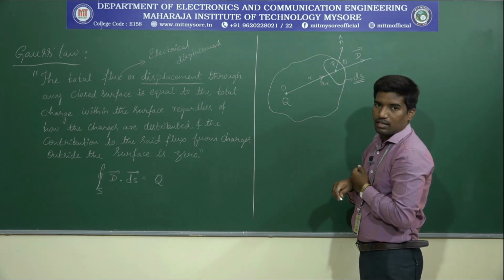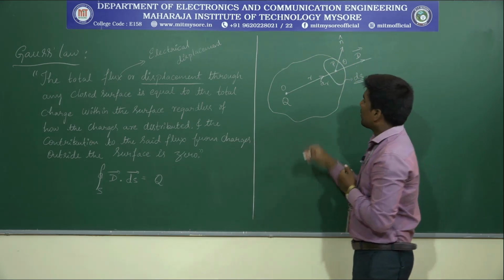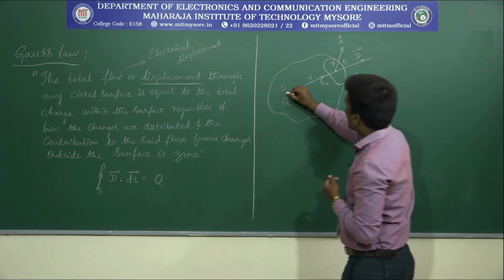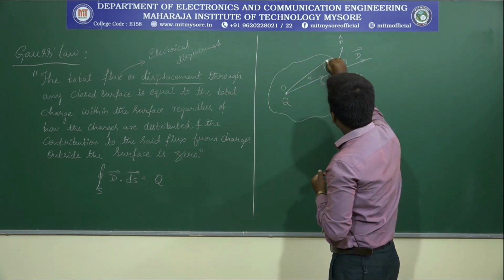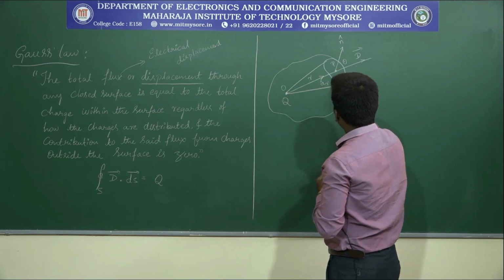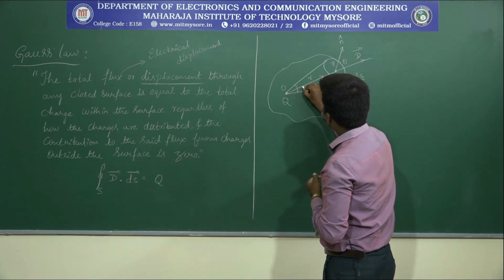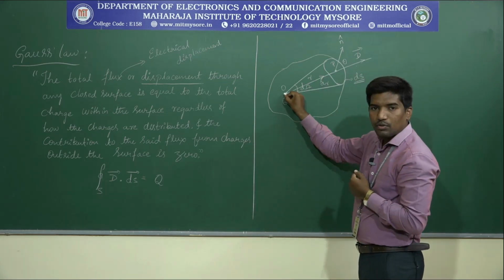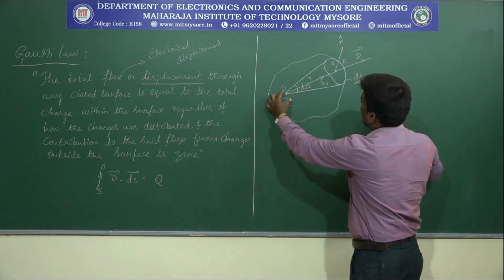This is the geometrical consideration we need to consider. This elementary surface area ds forms the solid angle d omega at point O, which is called a solid angle.